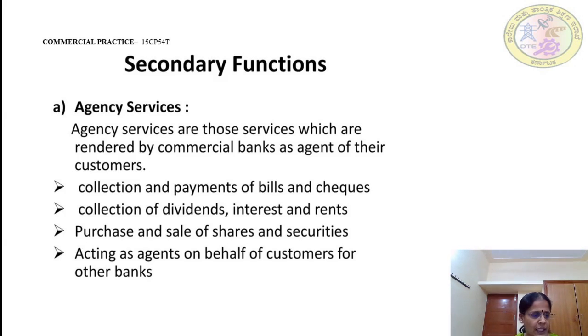It also does the same with bills of exchange, promissory notes, and collecting of salaries, pensions, rents, and various other things. They don't do it just for the sake of doing it for the customers, but for the purpose of charging a certain amount of commission or service charges on the basis of the service which the customer wants the bank to perform.